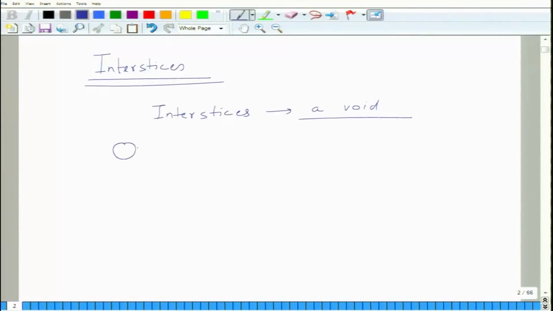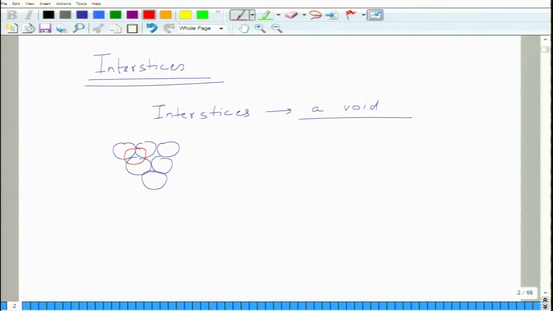So for example, if you see this particular kind of arrangement, I can put an atom here on top, the next layer goes here, all the same atoms. The red is only for the sake of illustration.